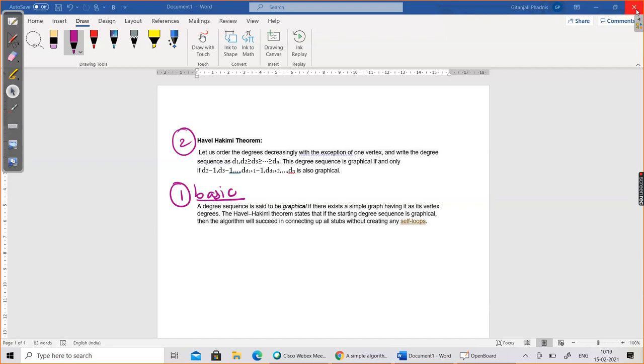The Havel-Hakimi theorem states that if the starting degree sequence is graphical, then the algorithm will succeed in connecting up all stubs without creating any self loops. We are not going to see the algorithm; we are going to see the stubs, meaning the subsequences we will have further. We will create the subsequences and ultimately we will reach something.